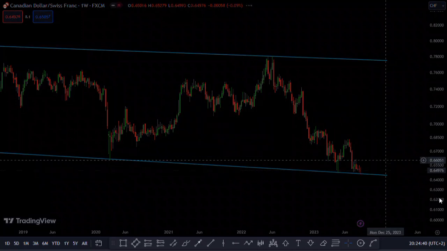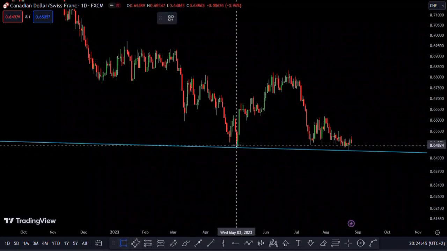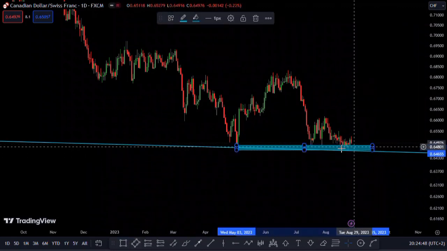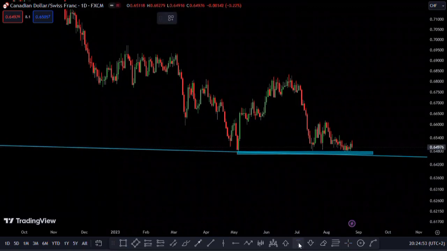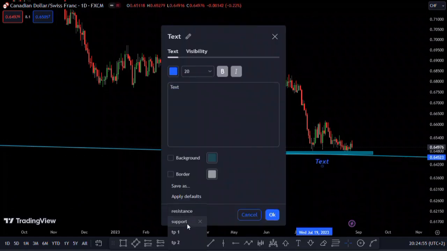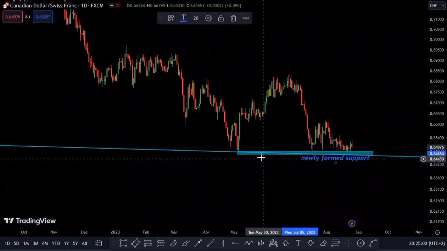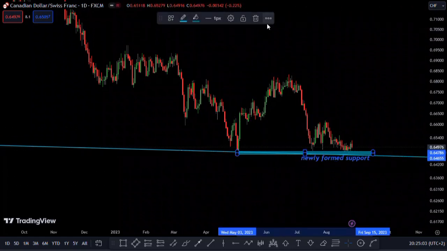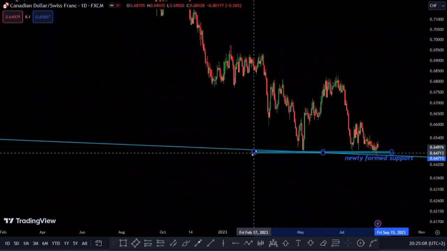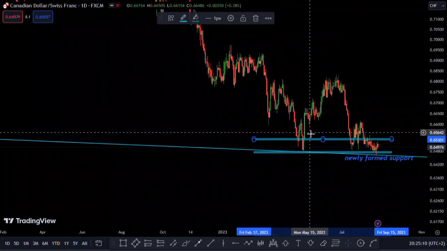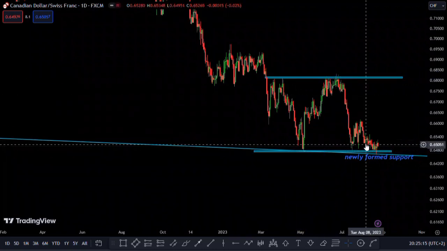I can see something. Okay, we have a zone which is our support, our newly formed support, and then again we have our newly formed resistance at this high.